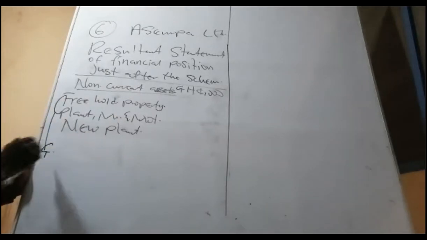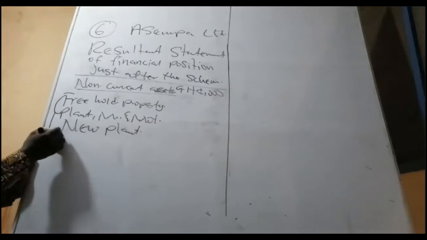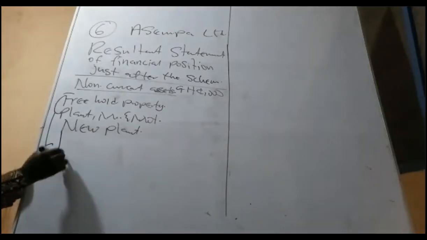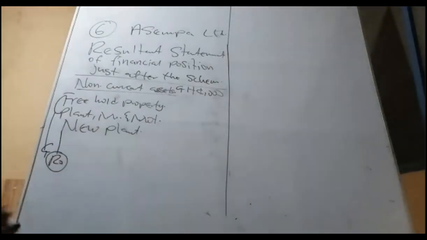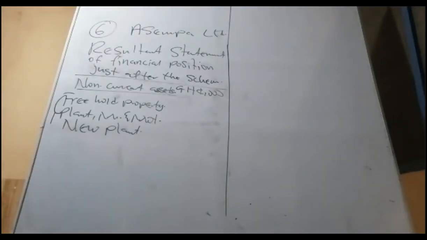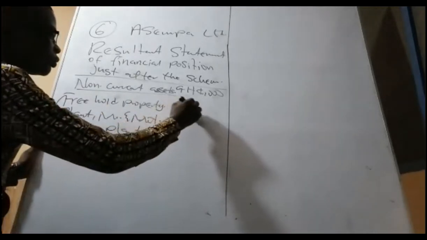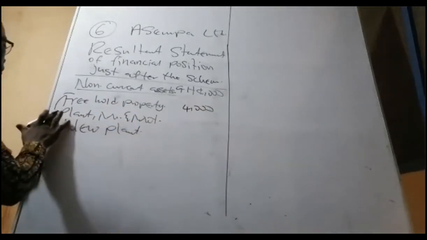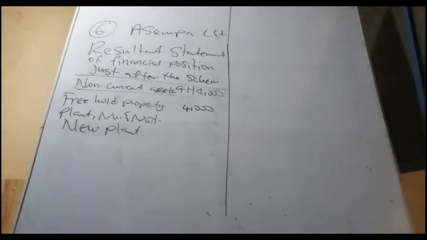I'll go there and pick it. This new plant is another resource requirement. That's why we said they should acquire it, right? Good. So what are the figures? This one will be 4,000. So we had 4,000, you can confirm for me. Then we had 900.